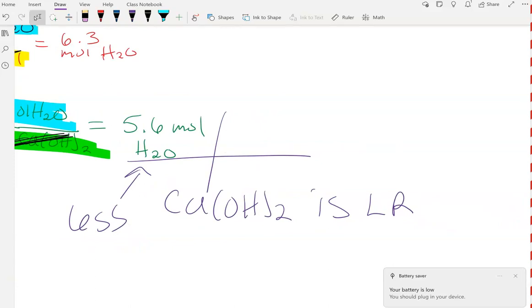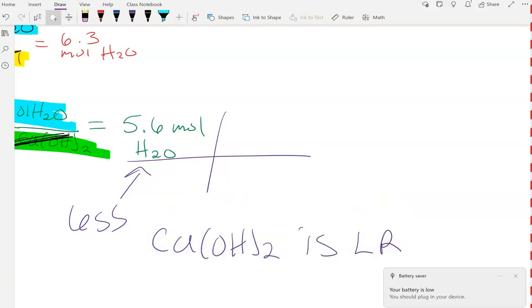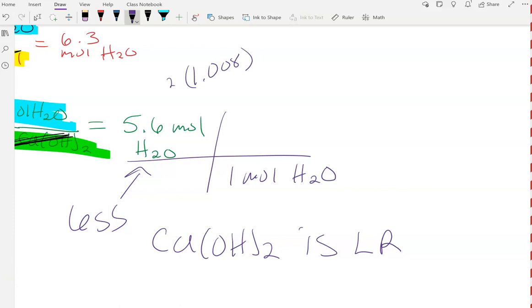So I'm just going to do another picket fence and convert the moles of water into grams of water by doing a simple moles to grams picket fence. I have to find the molar mass of water, which is 1.008 times 2 plus 15.999.